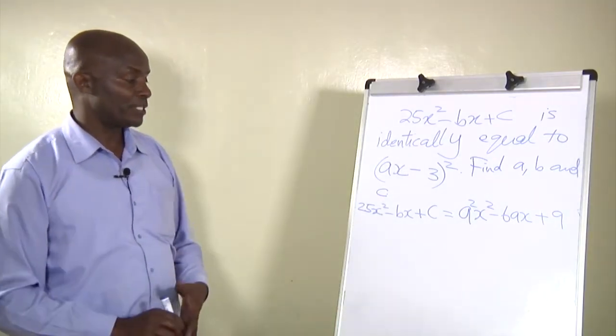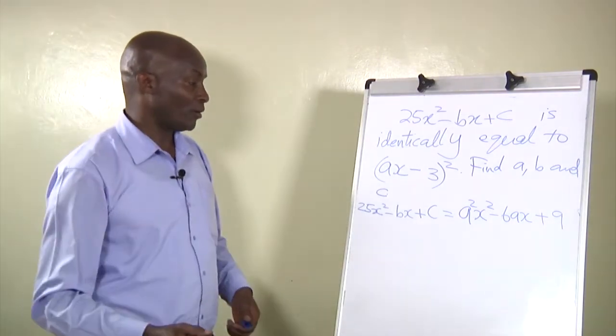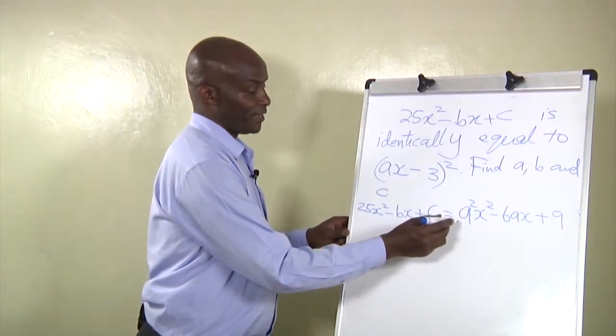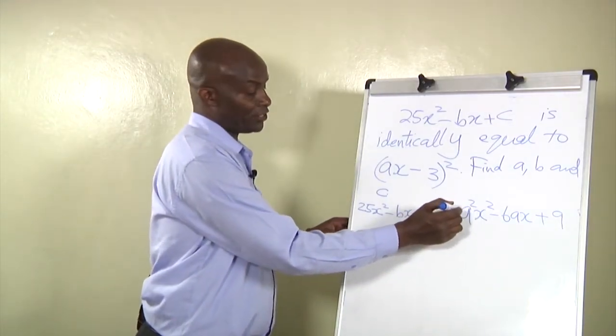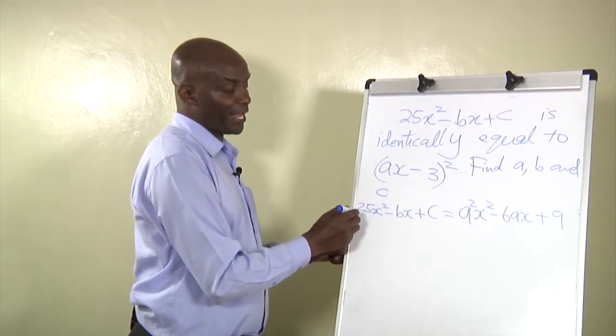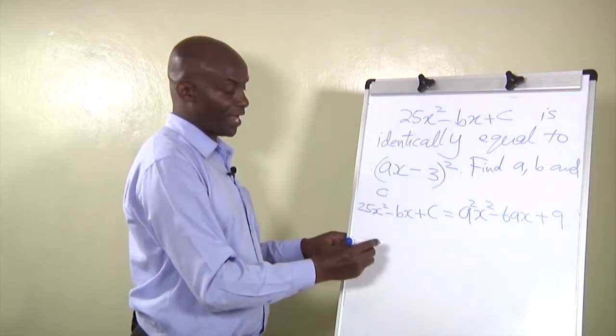And from there, we simply compare the coefficients. You can see that the coefficient of x squared on the right side is a squared. The coefficient of x squared on the left side is 25.